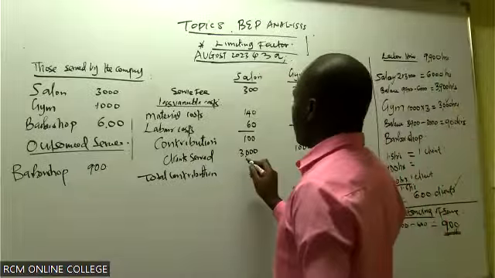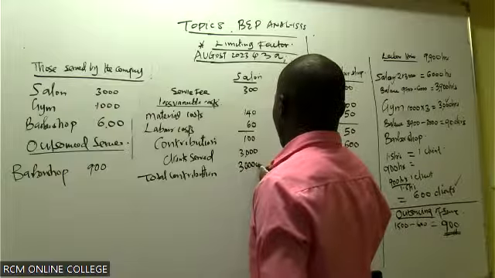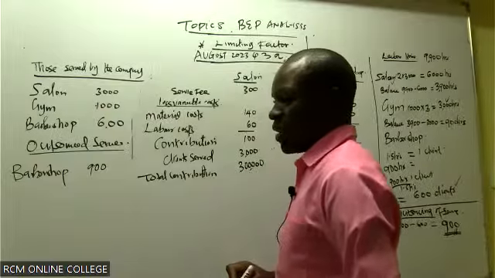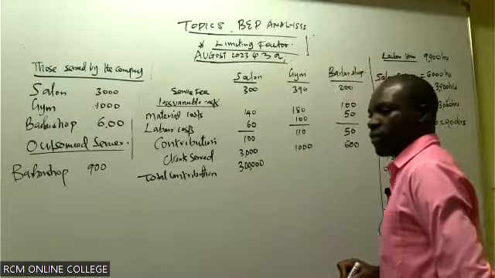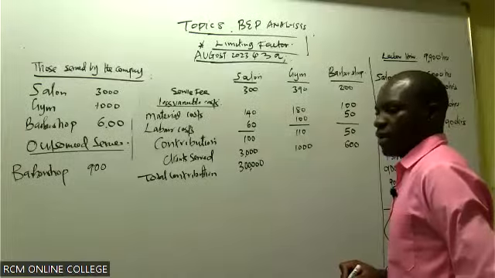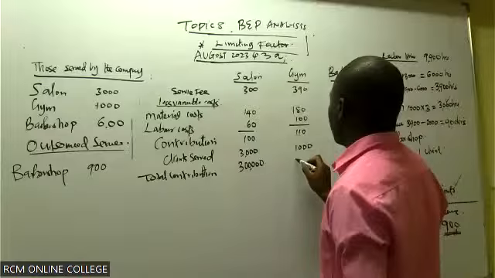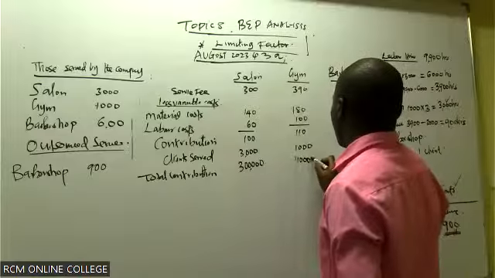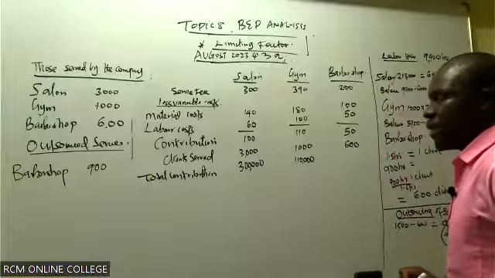So here I will be having 300,000. Is it? Confirm, please. I'll be having 300,000. Here I'll be having 110,000.